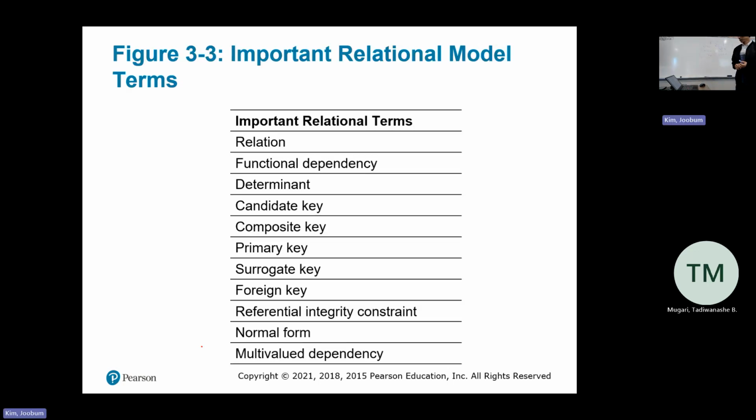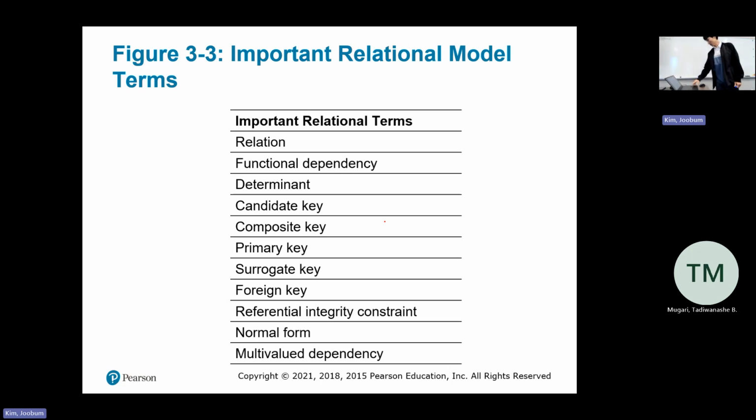And then, the important relational model terms: relation, functional dependency, determinant, candidate key, composite primary key, surrogate key, foreign key, referential integrity constraint, domain integrity constraint, entity integrity constraint, normalization, multi-value dependency, and so on.